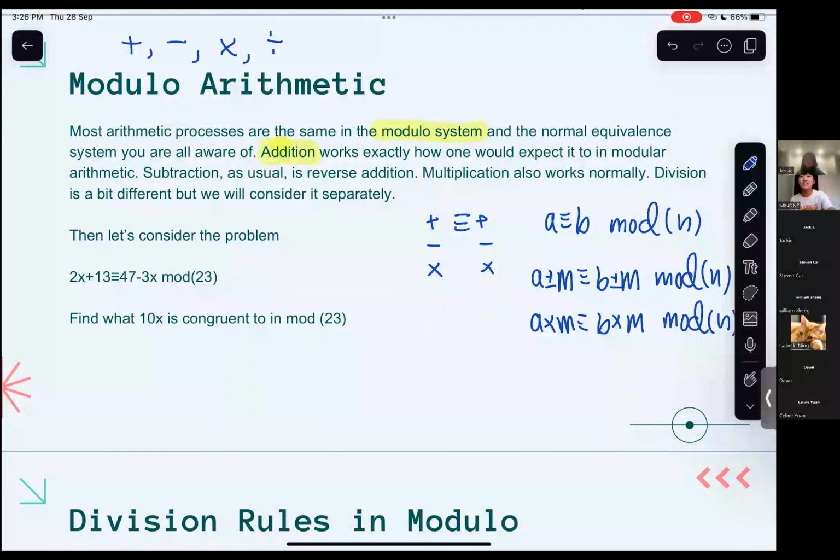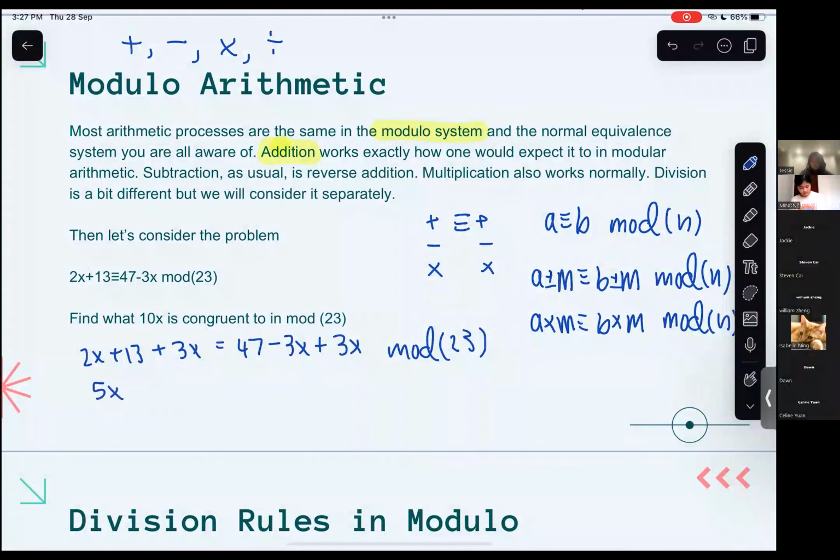Yeah. Okay. Well, I first added 3x to both sides, so got 5x. Then the 3x is congruent to 34 mod 23. Yep. And then that could be put into 5x is congruent to 11 mod 23.